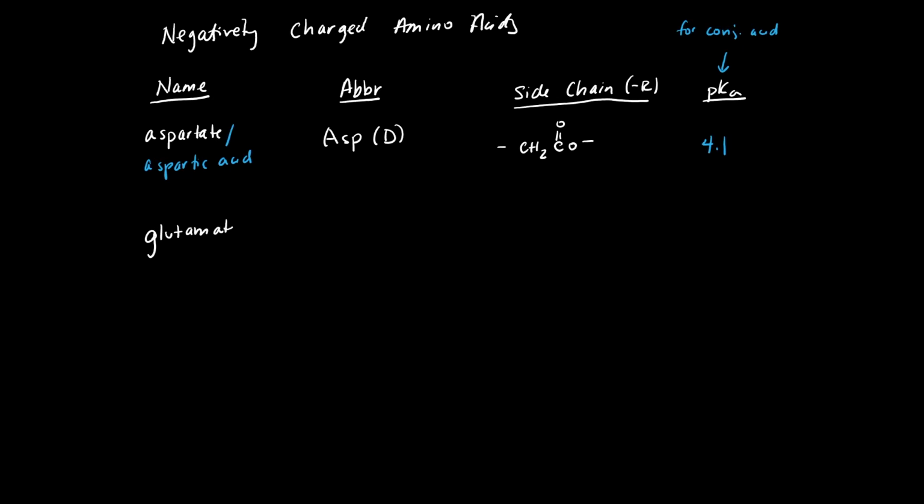And then we have glutamate, or glutamic acid. That's the acidic form. And that one just has one additional CH2 group compared to aspartate.